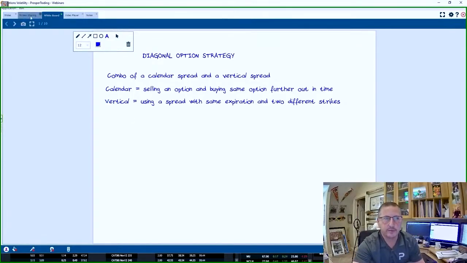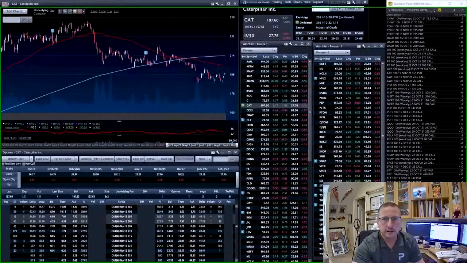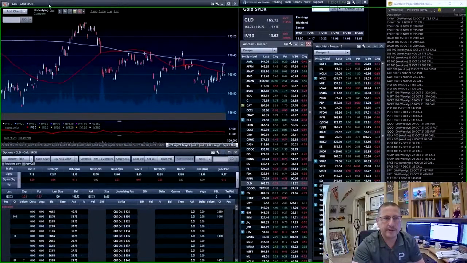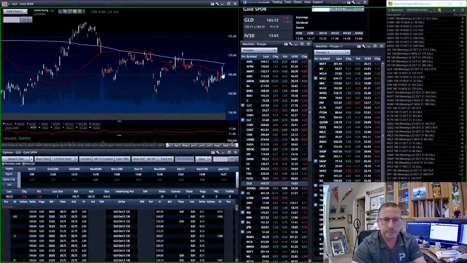So check this out, everybody. What we did here in GLD, up on the screen, GLD is the gold ETF. You can see on this big rally up recently, we came right up to the 200-day moving average, which for months and months has been massive resistance.